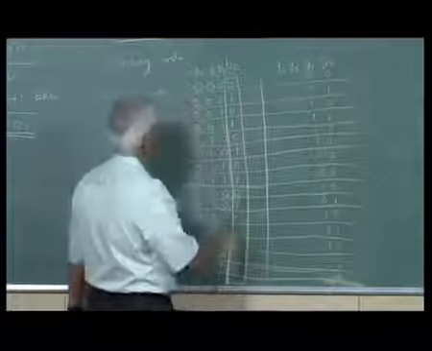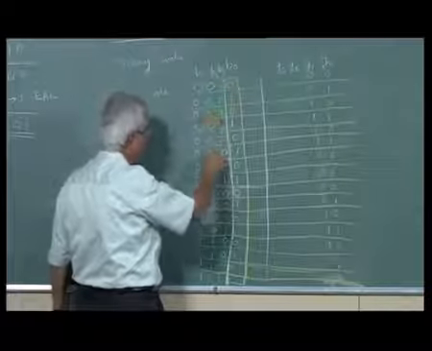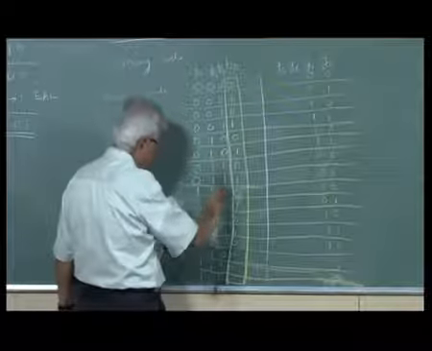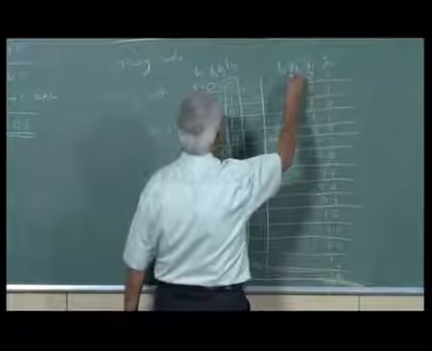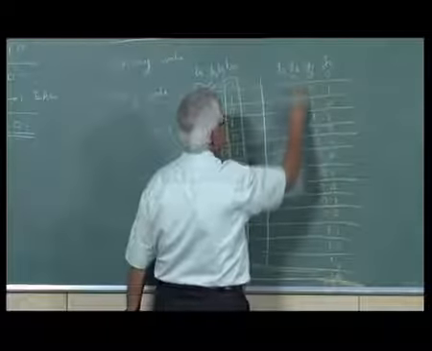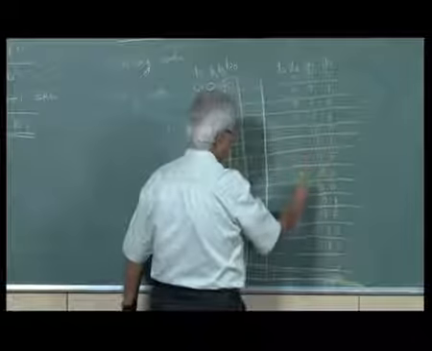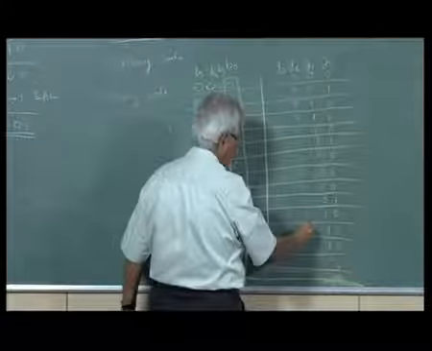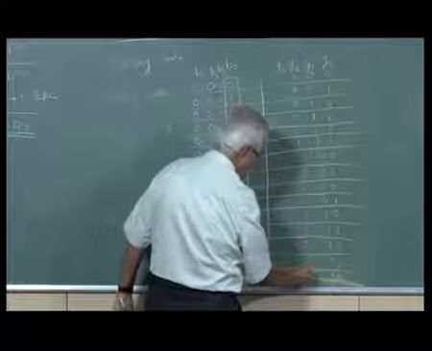Third column: 4 zeros, 4 ones, then 4 ones, 4 zeros, 4 zeros, 4 ones, 4 ones, 4 zeros.